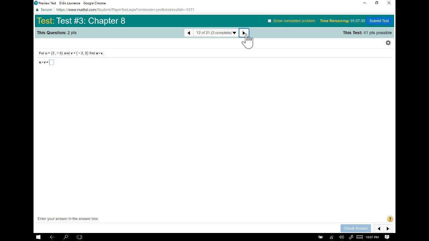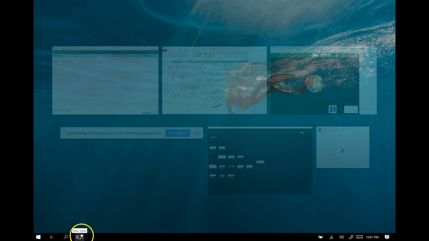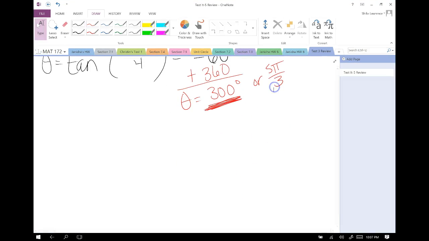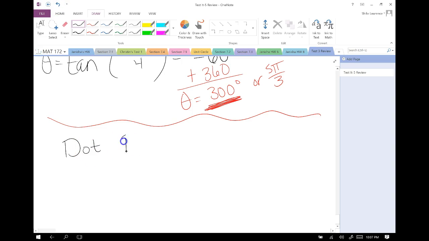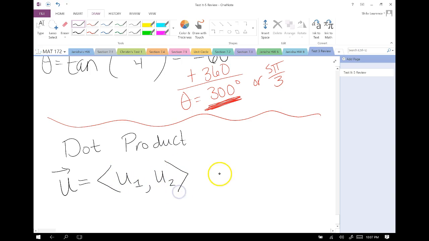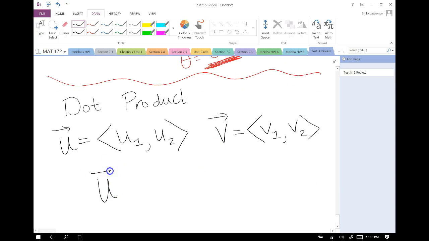Dot product is just a formula, just an easy little formula. If you've got two vectors, the dot product between those vectors, you multiply corresponding components.